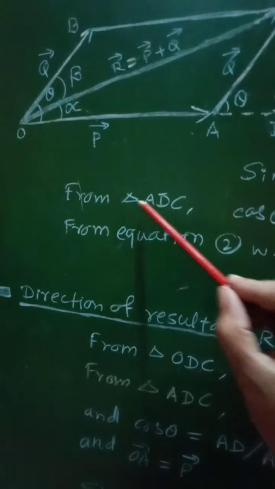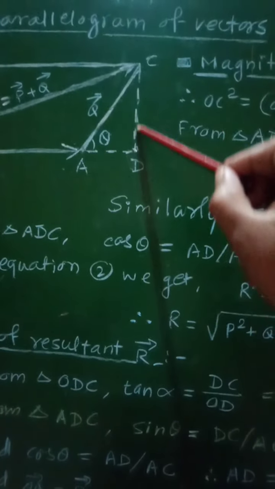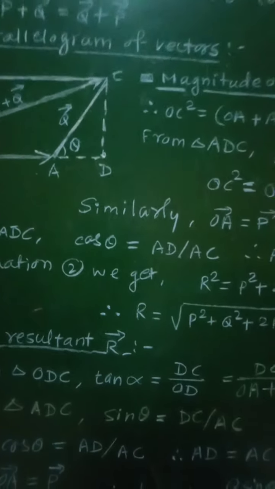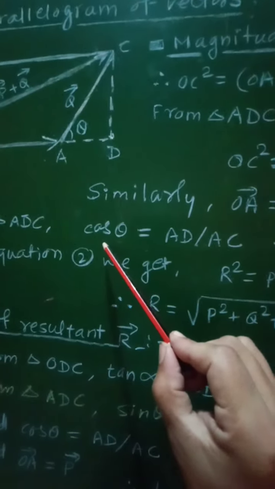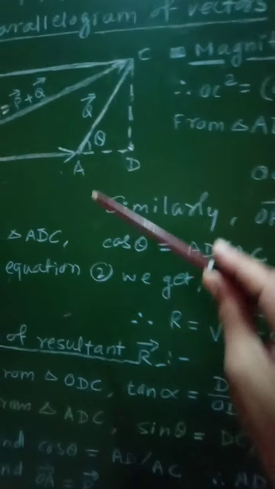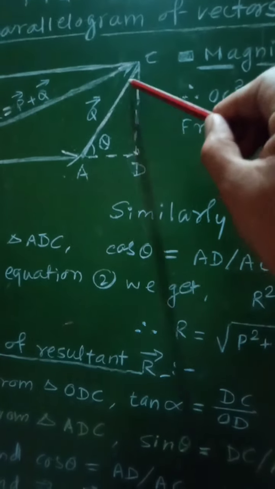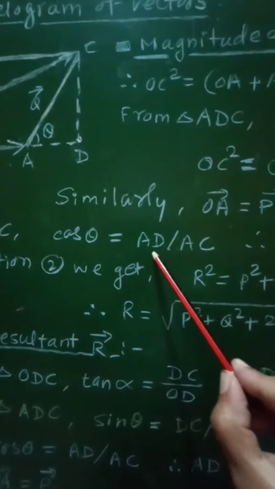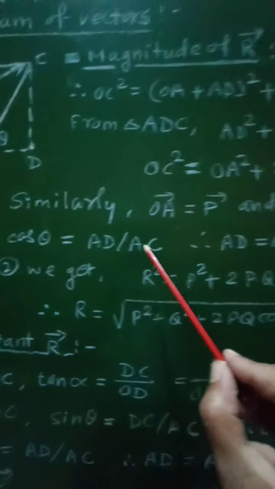Now from triangle ADC, the right angle triangle, we can write cos theta equal to AD upon AC, and therefore AD will be equal to AC cos theta.